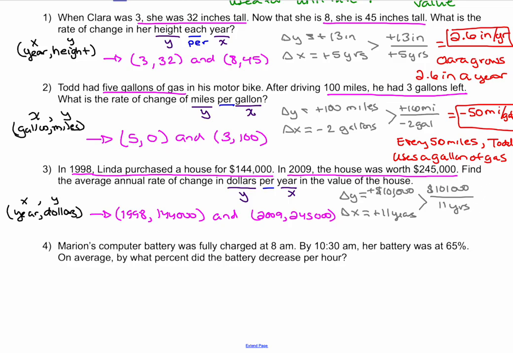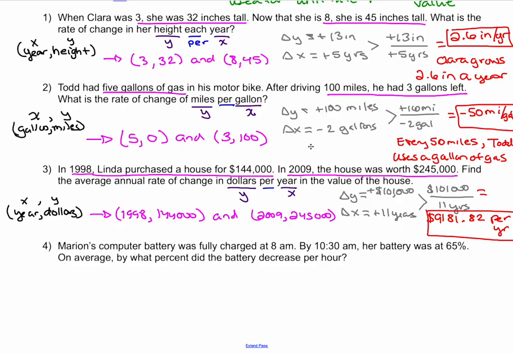So if I were to simplify this, I would use a calculator and I would get $9,181.82. So that's dollars per year. That is our slope.